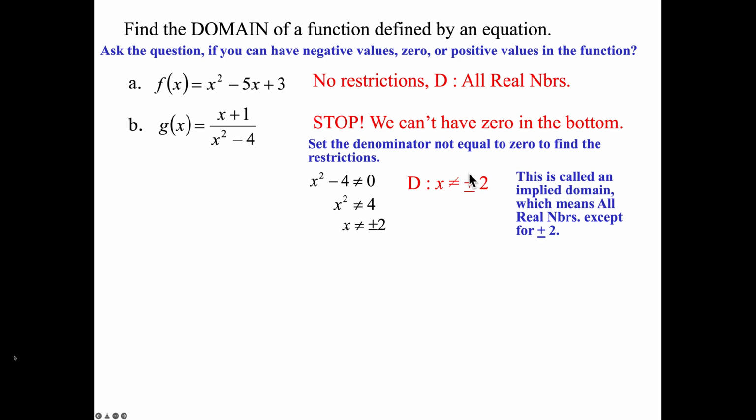Now, this is what we call an implied domain. I'm implying that my domain is all real numbers except for a positive 2 and a negative 2. That's an implied domain.